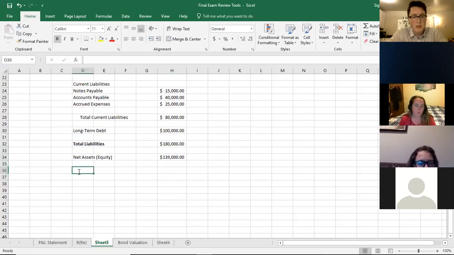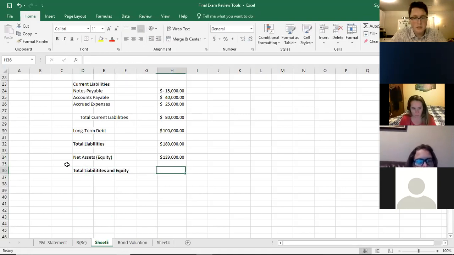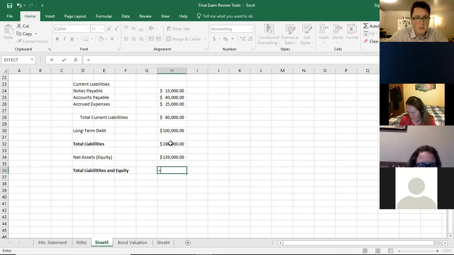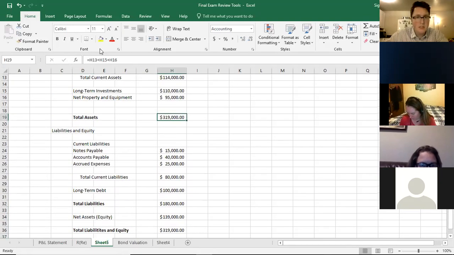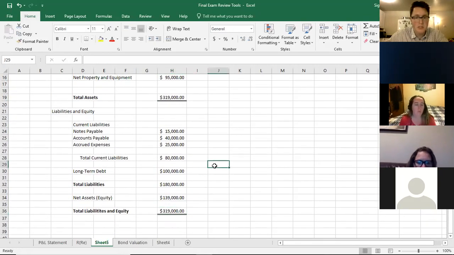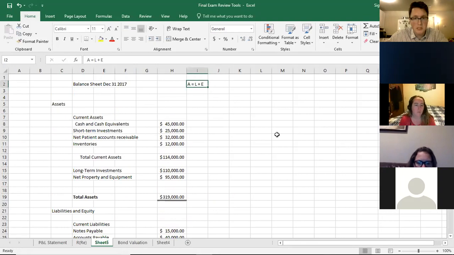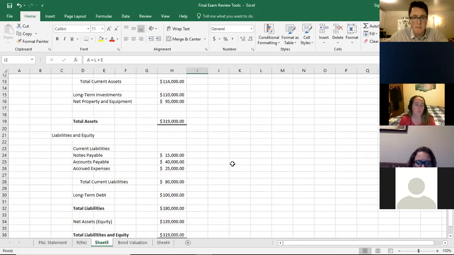Down here, we'll put total liabilities and equity. And then it will just be my total liabilities plus my equity. And notice that these two numbers match up, and that is what you want to see. Assets equals liabilities plus equity is that same accounting identity.